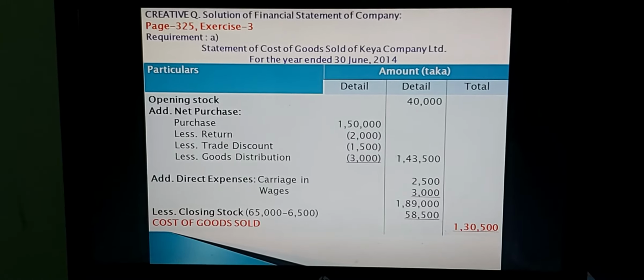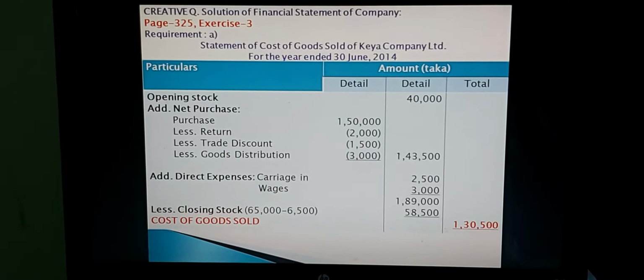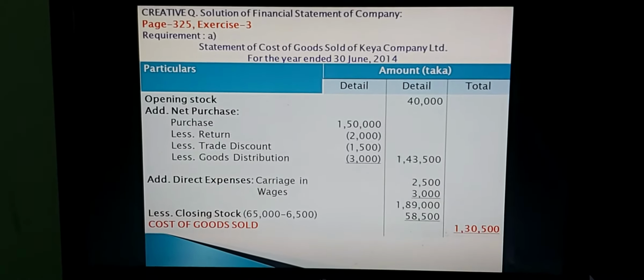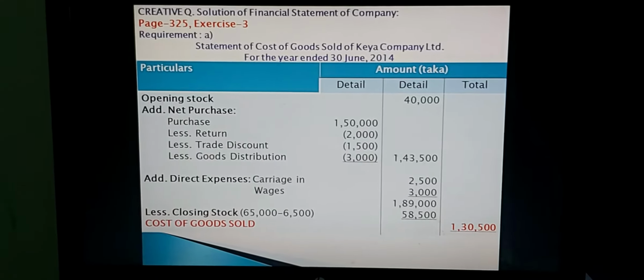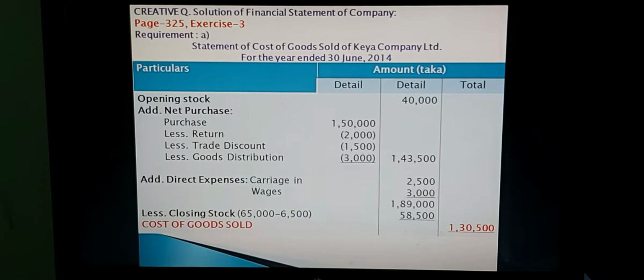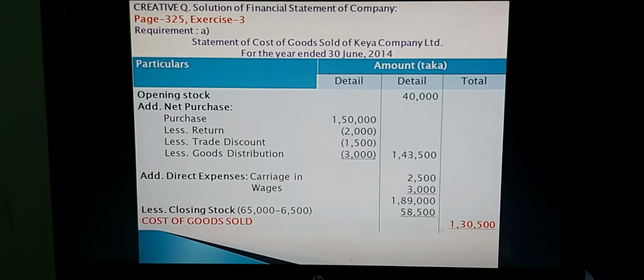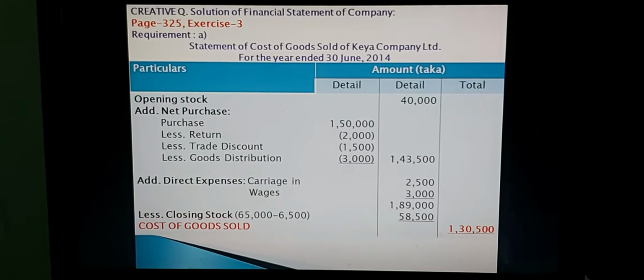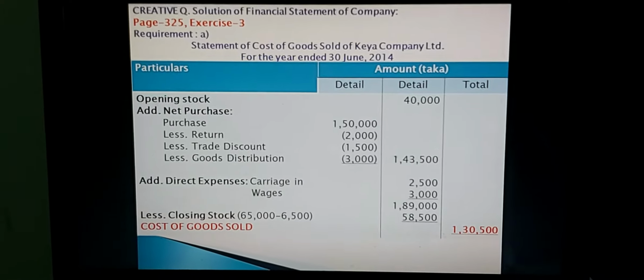Today I will solve exercise number 3. Now you can take your accounting second paper book and open at page number 325 for solving exercise 3.